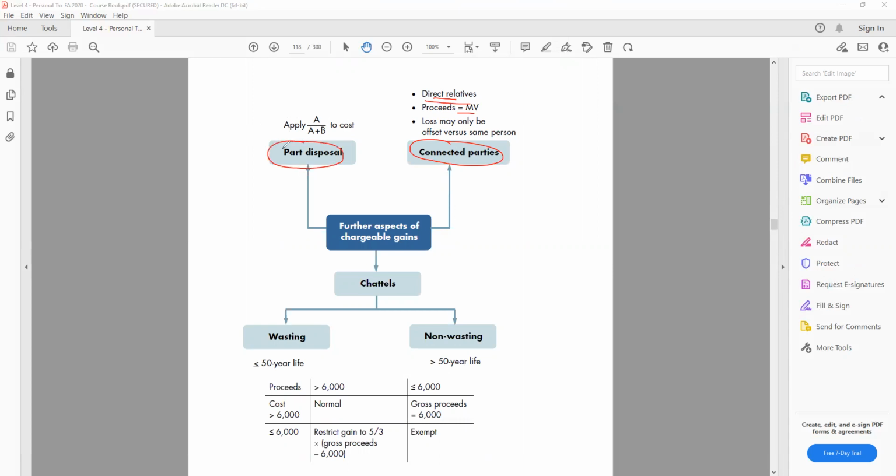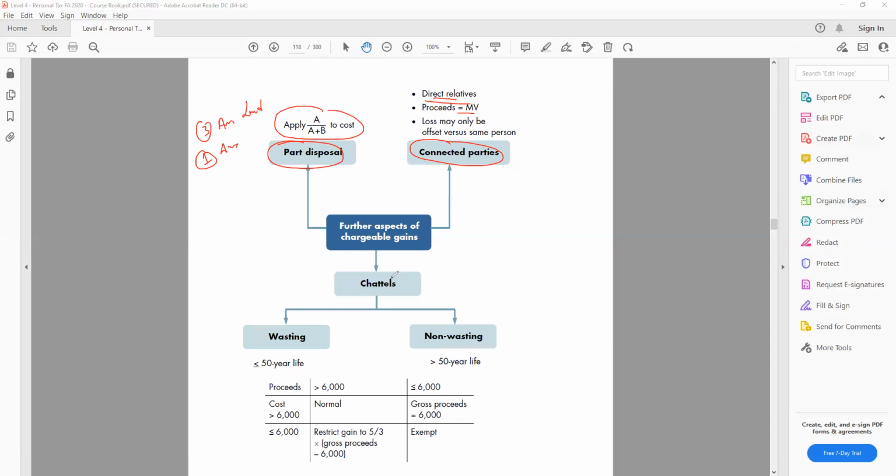For example, you have 3 acres of land and you sold only 1 acre. So we still have 2 acres left. You bought 3 acres, but now you sold only 1 acre, so it's called part disposal. You're not selling the whole asset. In this case, you have to use a formula to find the cost, and then calculate the gain. We're going to see that in the question anyway.